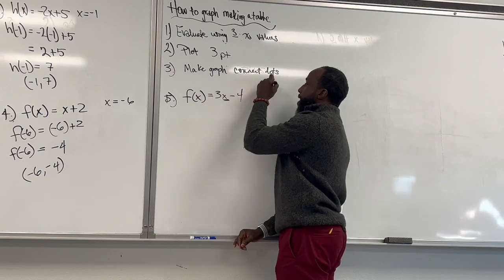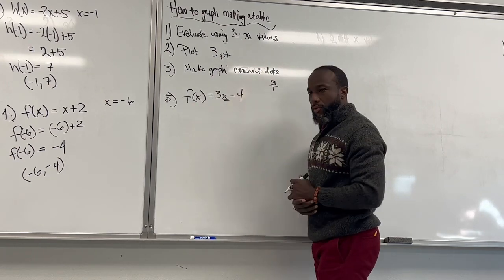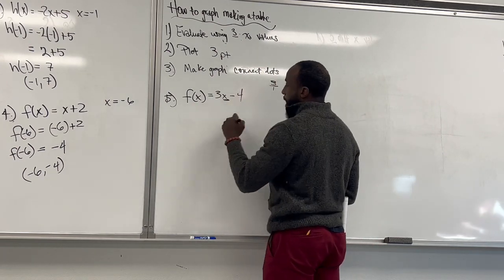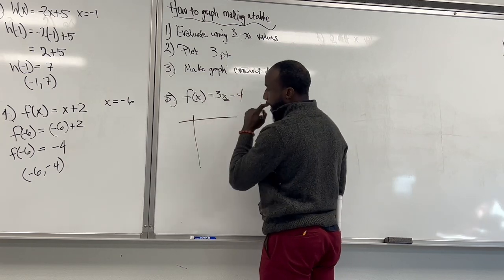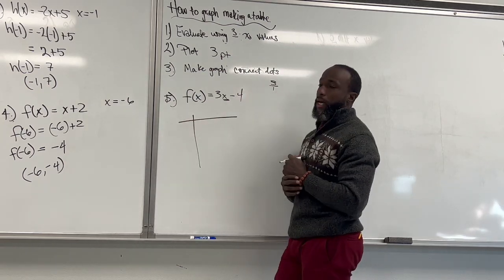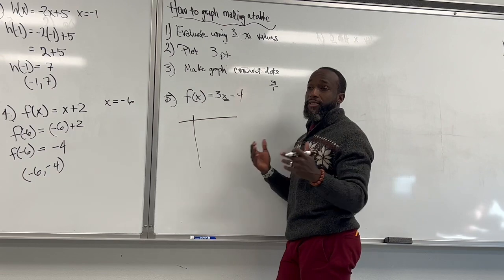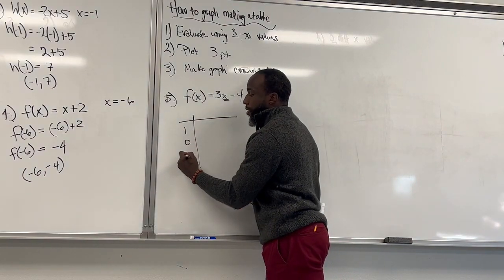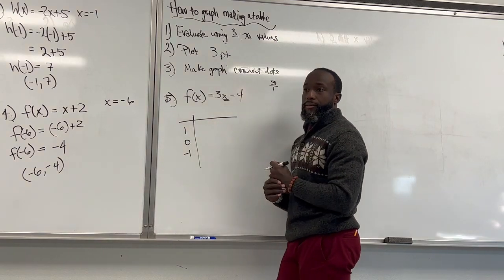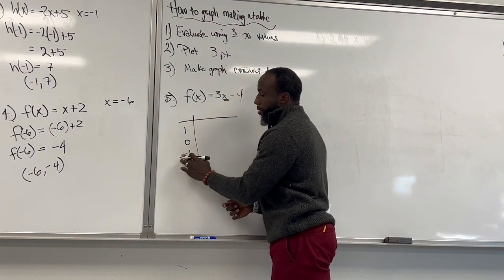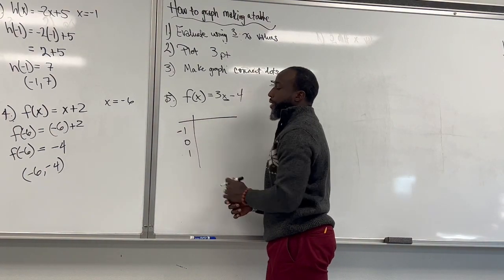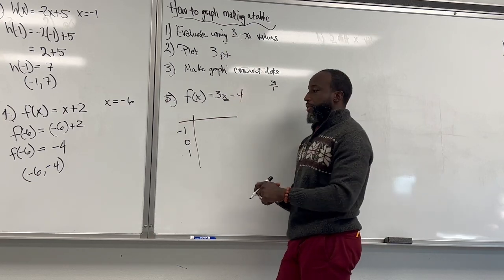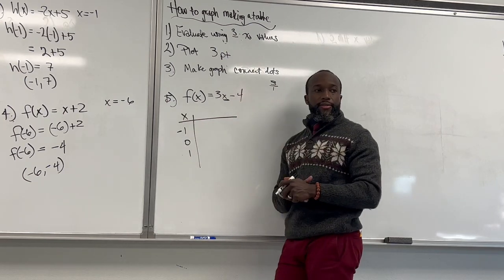Or it could be seen as 3 over 1, right? Therefore, when we make our table, we can use any points that we want. And for simplicity's sake, I would advise you use 1, 0, and negative 1, right? Let's do it in numerical order. So negative 1, 0, 1. Use those x values, all right?